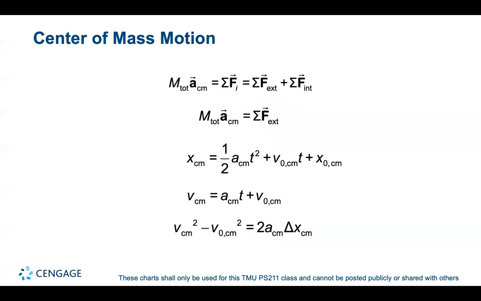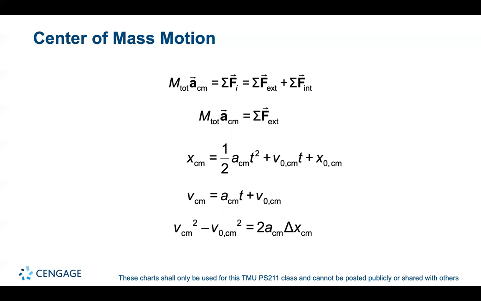We can apply Newton's second law to a system: the total mass M times the acceleration of the center of mass equals the sum of the forces, where the sum of F external is the external forces acting on the system, and F internal includes all the internal forces acting on the system.